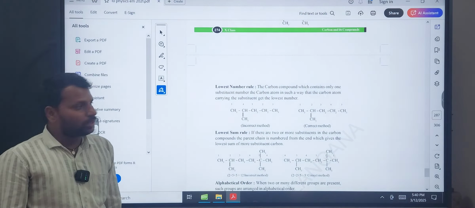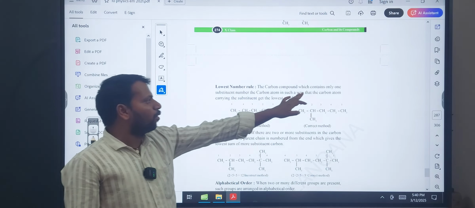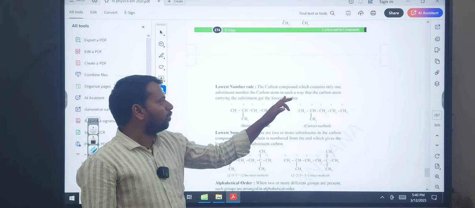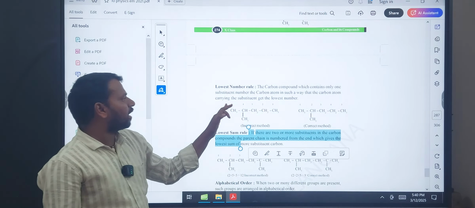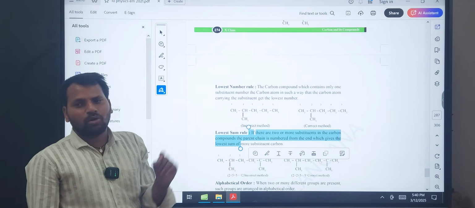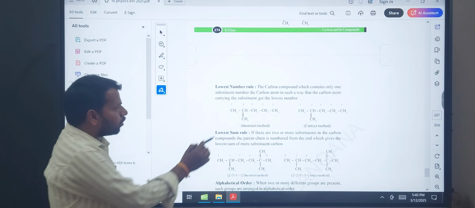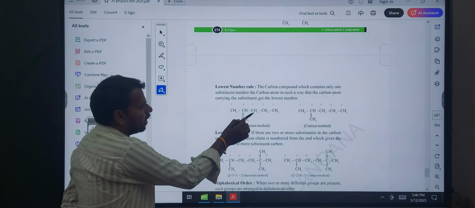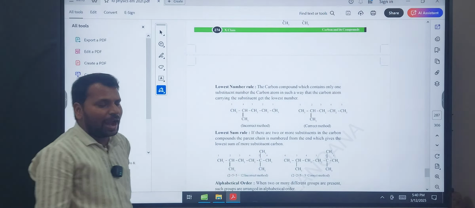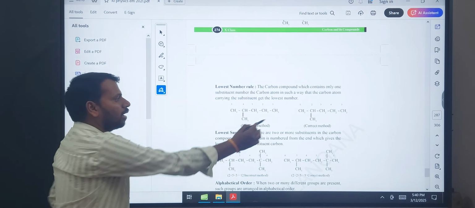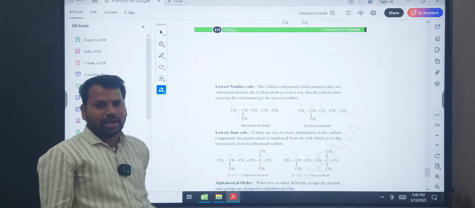Lowest number rule. What is lowest? The carbon compound which contains only one substituent: number the carbon atom in such a way that the carbon atom carrying the substituent gets the lowest number. Suppose here CH3, CH, CH2, CH2, CH3 is present. At fourth position a methyl group is present while we are giving numbering from right to left. So this is incorrect. Why?